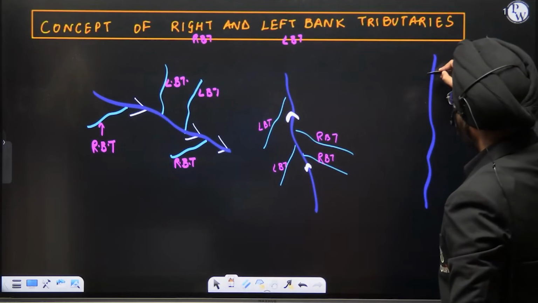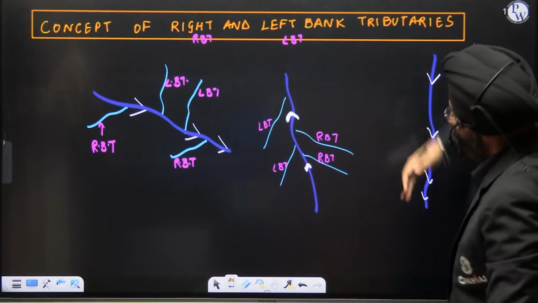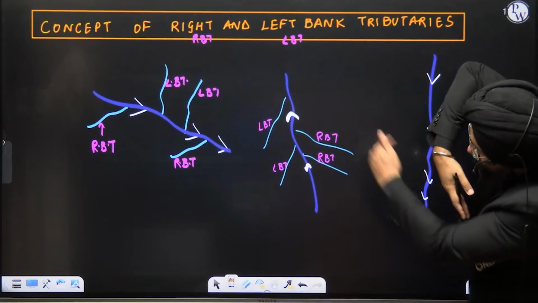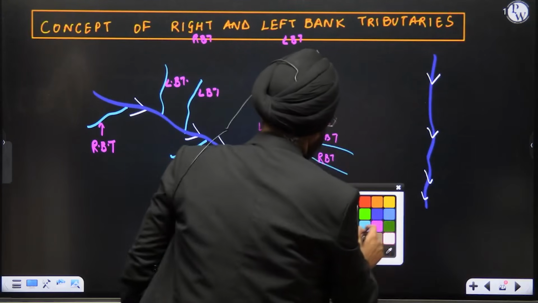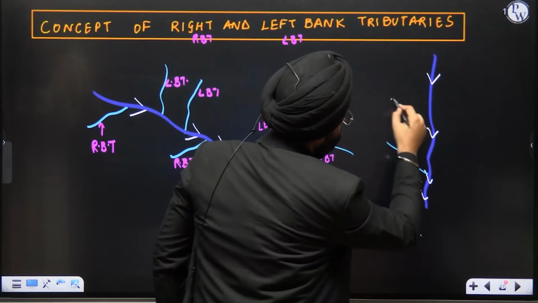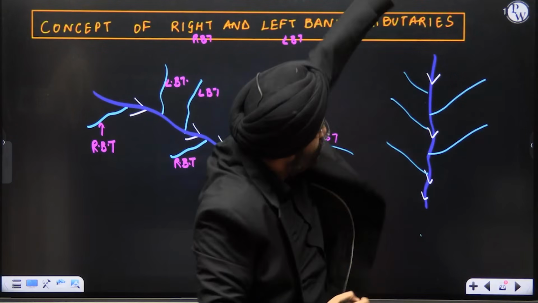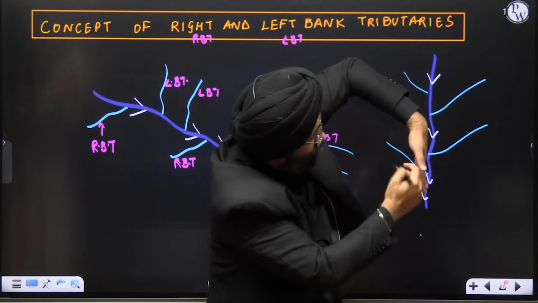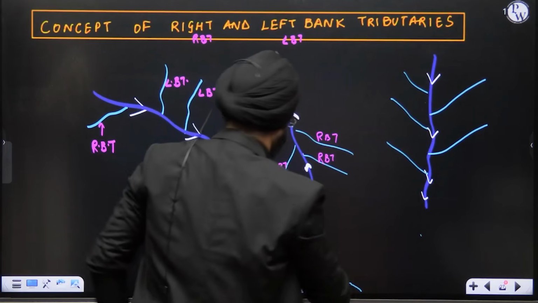Now, let us say this is flowing in this particular direction. If this is the direction, the rivers joining from this side will be right bank tributaries. Yes or no? Supposing rivers are joining from this side, and some are joining from this side. Now, see the direction of flow. This is the flow. So from this perspective, on the right side are the right bank tributaries.